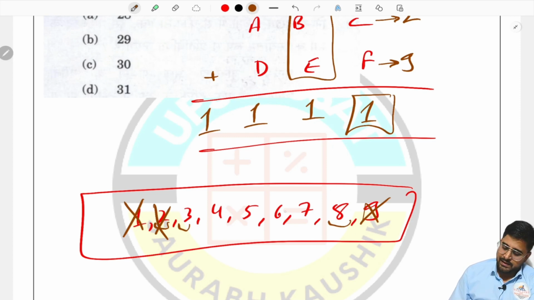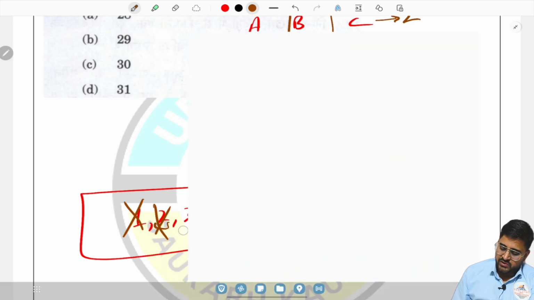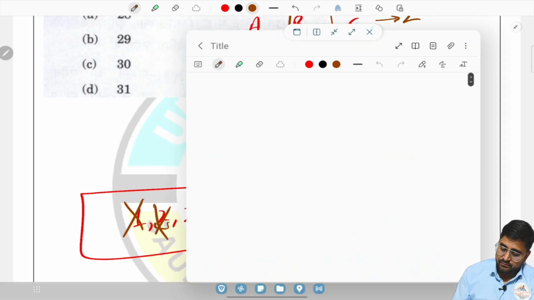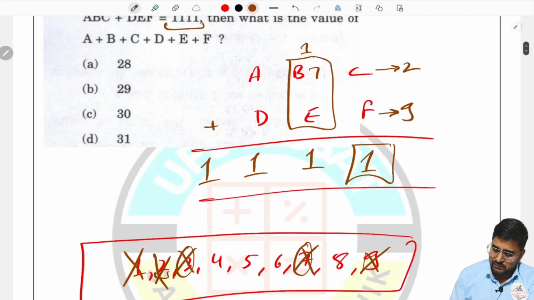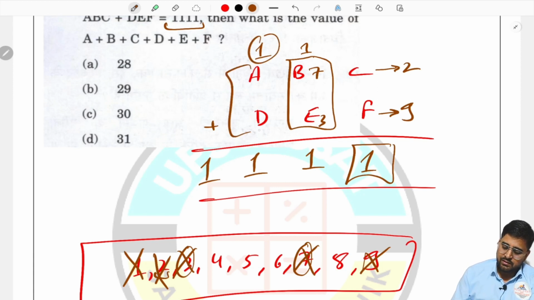You don't need 11, you need 10. So 7 plus 3 is there. They make 10. 10 plus 1, 11. 1 carry.